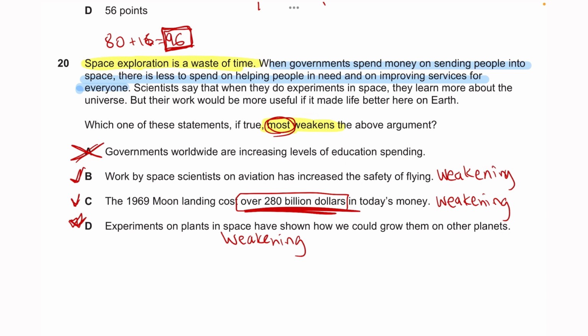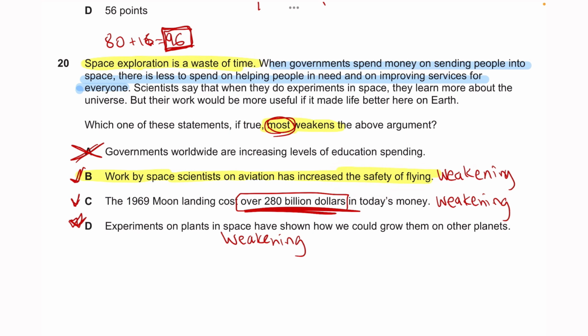And remember, usually our evidence to most weaken it has to be directly related to the evidence that they've given us here. And so our answer that would most weaken this above argument is B. Work by space scientists on aviation has increased the safety of flying. And like I said, a majority of the world flies from one place to another, and throughout history we've had many flight accidents where people have passed away.